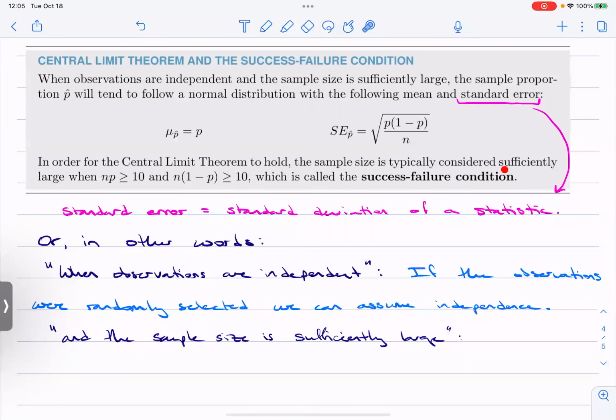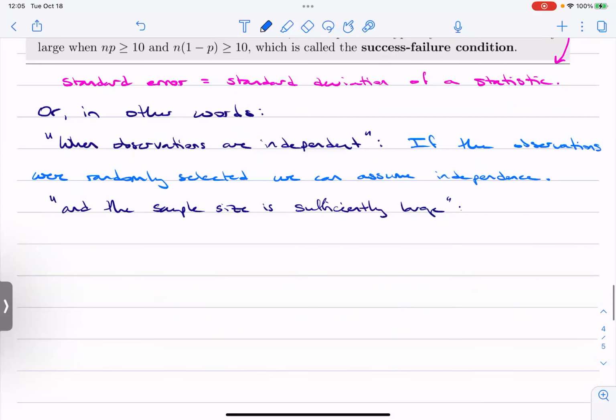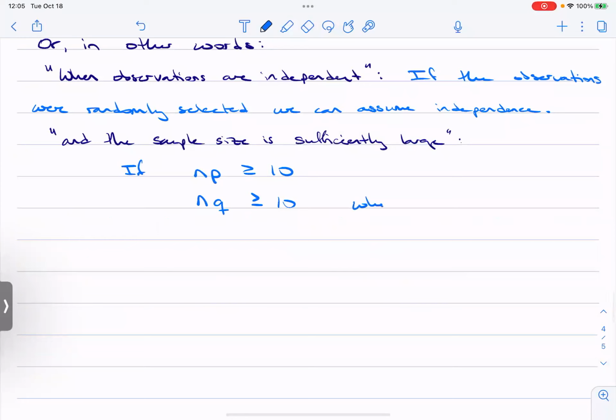It clarifies here, it's considered sufficiently large if n times p is greater than or equal to 10 and n times q is greater than or equal to 10, where of course q is 1 minus p. So this is what we call the success failure condition.